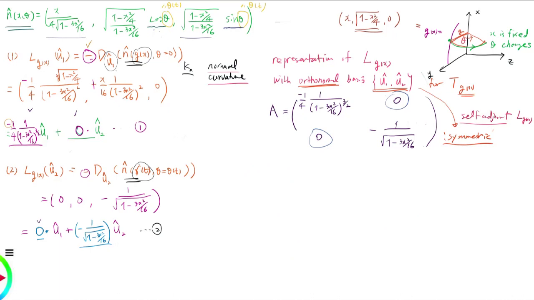So what is good for symmetric representation? Eigenvalues, when it is symmetric, are always real.